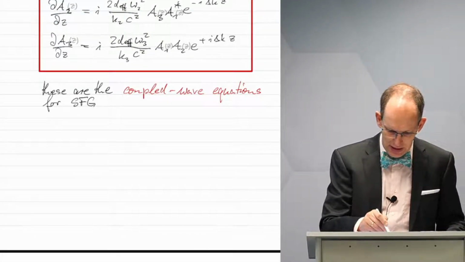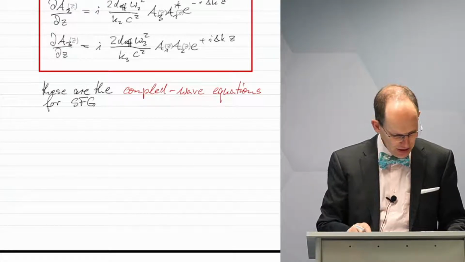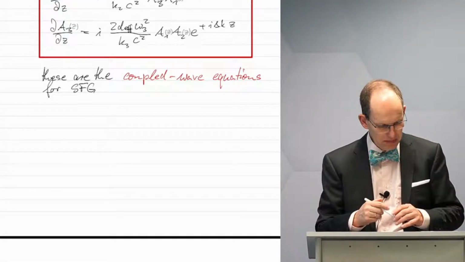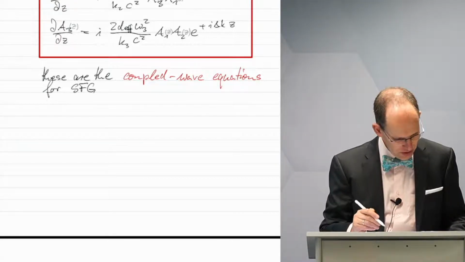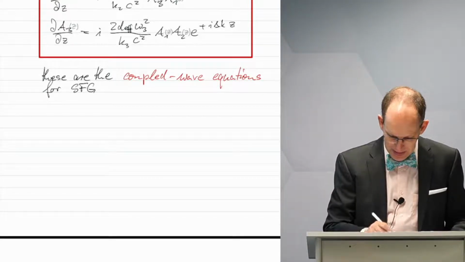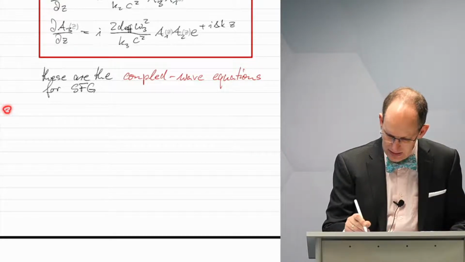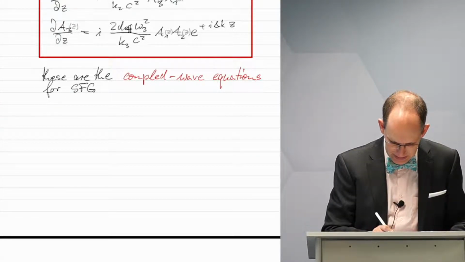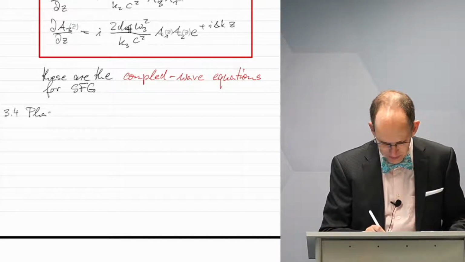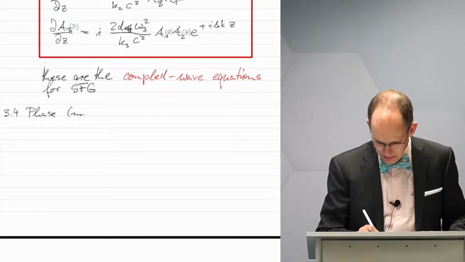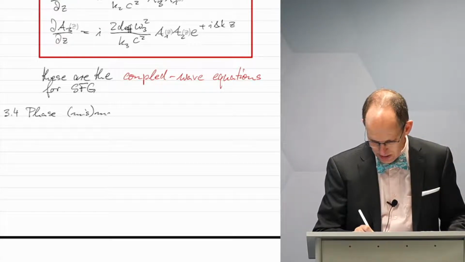In doing so, we find the first kind of trivial solutions. The headline, as I said, is 3.4, phase mismatch considerations.